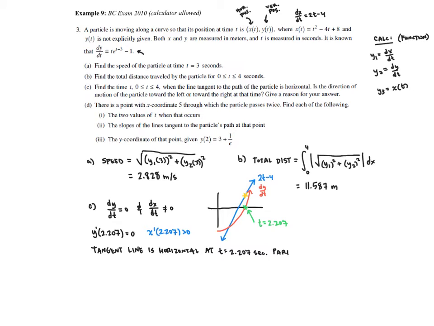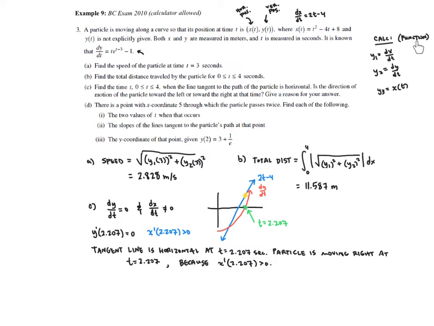The particle is moving right at this time, t equals 2.207, and that's because x prime at that value, 2.207, is greater than 0. Okay, outstanding.